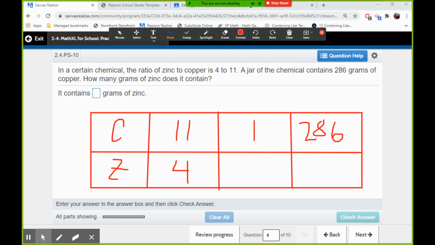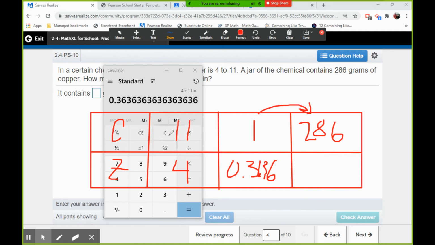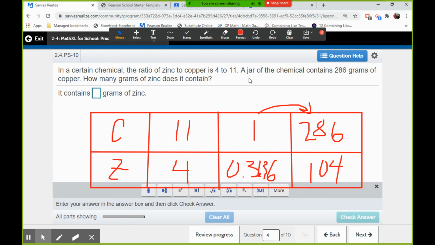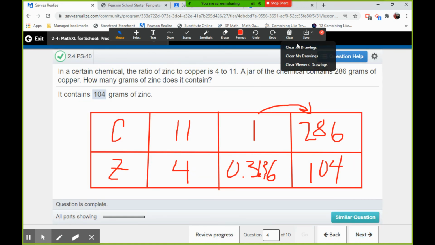So if we divide both pieces by 11, I'm going to take 4 divided by 11, 0.36, 0.03636. And what's happening here? You're multiplying by 286. So if I take this value and multiply it by 286, 104. Same thing. Don't let the fact that it says constant of proportionality change the fact that you're using a unit rate box, 104. We're still solving them in essentially the same way.